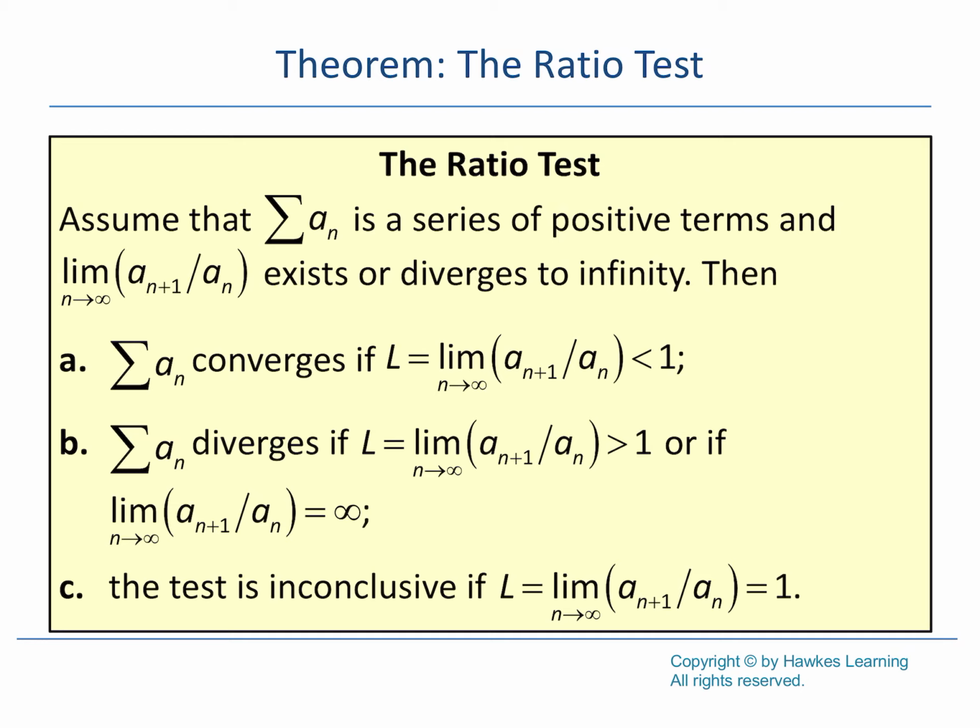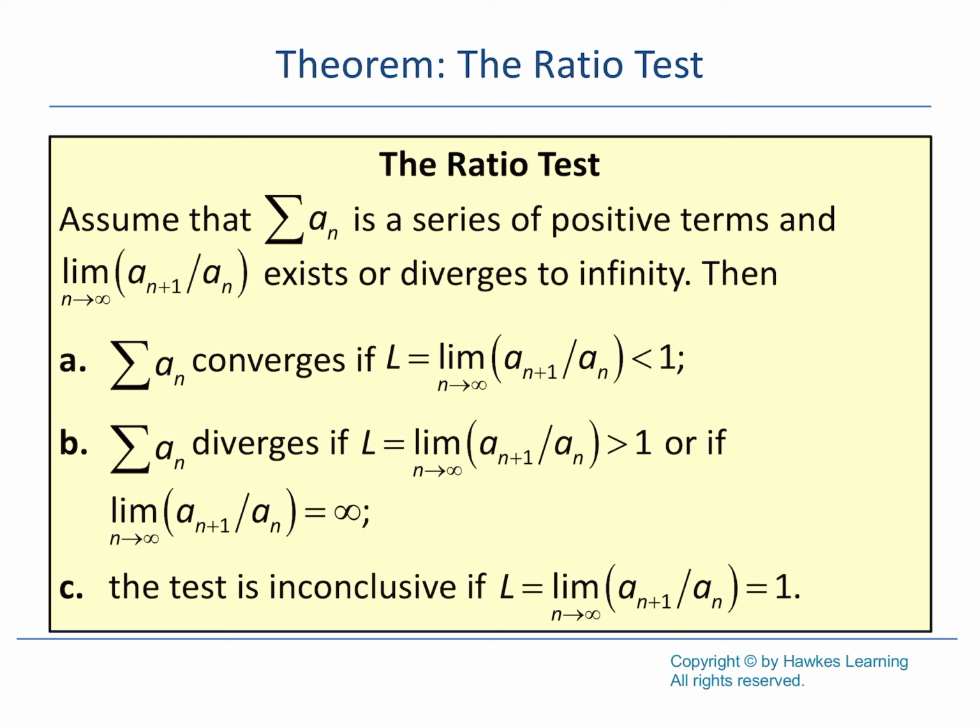Remember that in a geometric series, that ratio is constant. And when that constant ratio r is less than 1, that's when a geometric series converges. So the ratio test very much takes its inspiration from a geometric series.